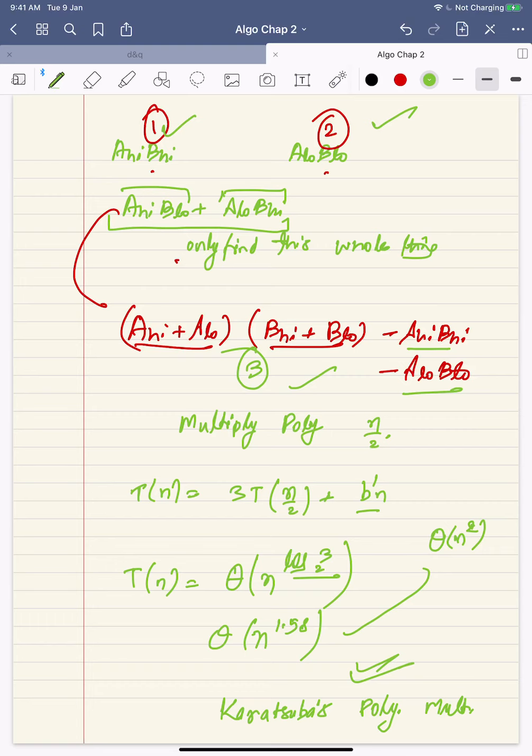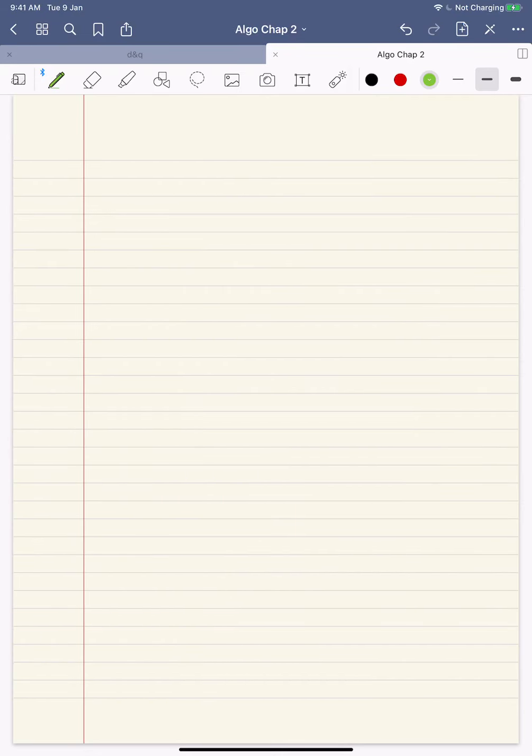Now let's see a similar such problem. Okay, a similar such problem, and this is matrix multiplication. What is that? Well, you know that already. We covered that in chapter 1. What is matrix multiplication?